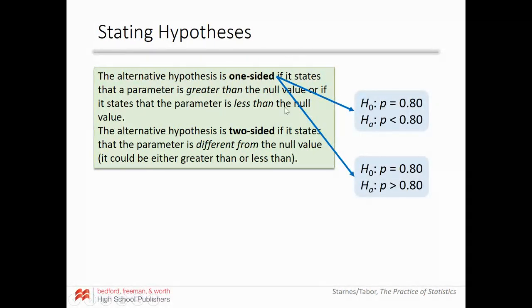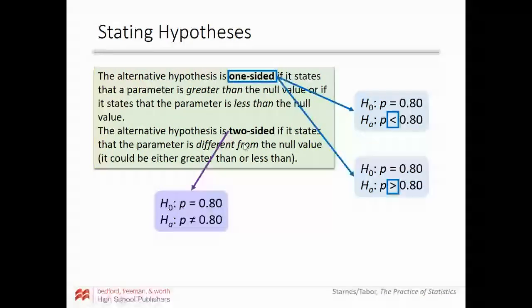So in that last example we did, if it was less than, we'd say, okay, he probably makes less than that 0.8. We think he's exaggerating. So our alternate would be less than 0.8. If we think he's being very modest and he's actually a lot better of a shooter, we might think that his true proportion is greater than 80. So we would look for larger than 80.